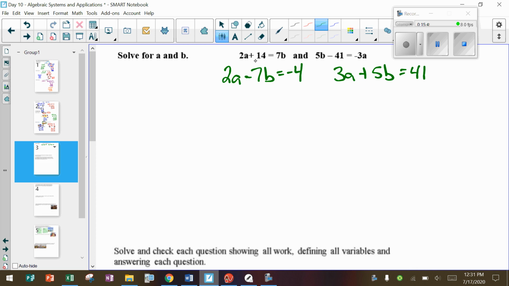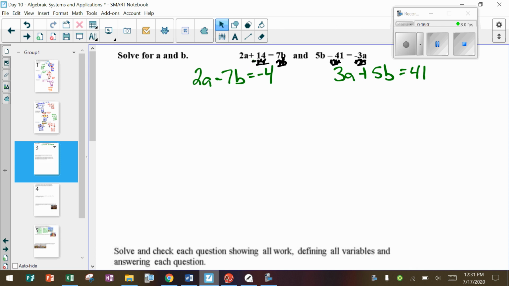So I subtracted the 14 from one side and the 7b. And then in the other equation, I added the 41 and added the 3a. That just moves stuff around. So now I have my equations 2a minus 7b equals negative 4.